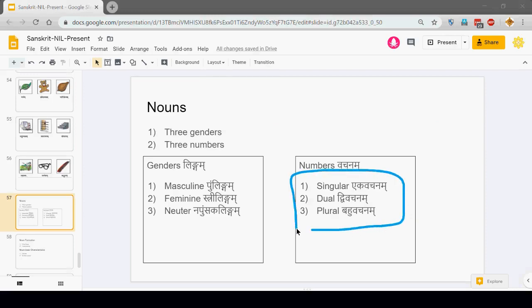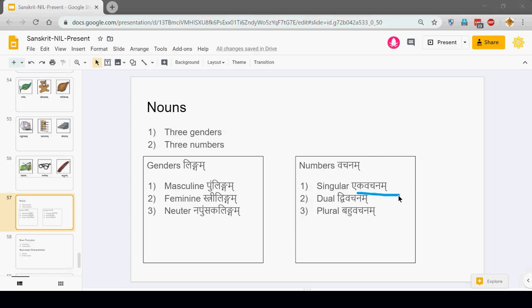This is another special property of the Sanskrit language, that there are three numbers. If there is one object, we use one form of the noun, singular. It's called eka vachanam. A number is called a vachanam here.